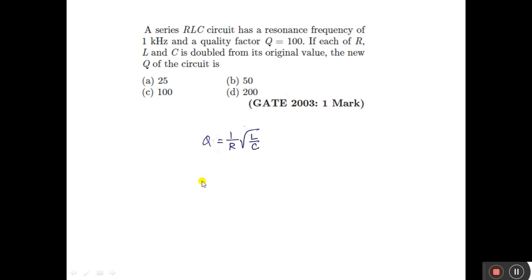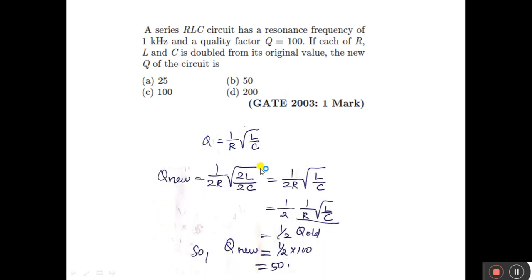So I can choose this formula Q equal to 1 by R root L by C. General formula. Here the information is that each of R, L, C is doubled from its original value. So I have doubled each value. R is 2R, L becomes 2L, C becomes 2C.